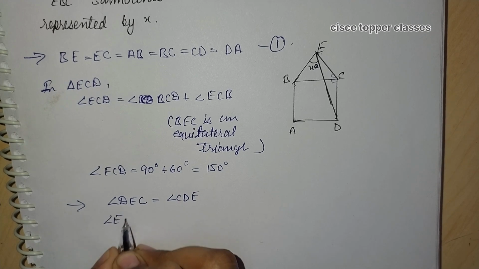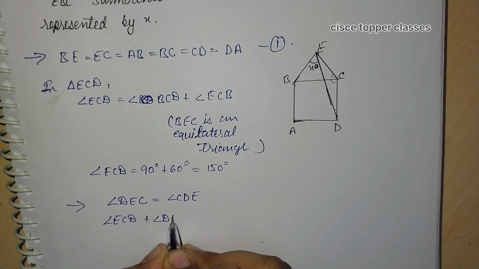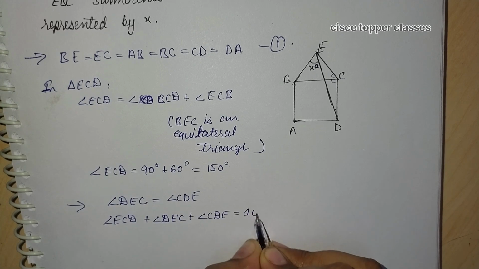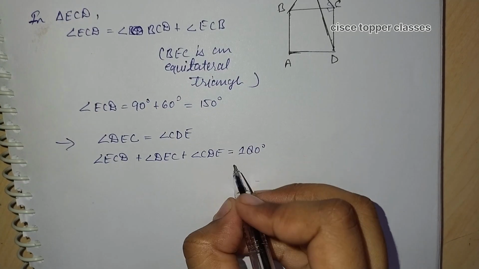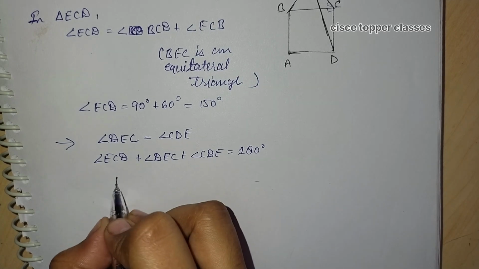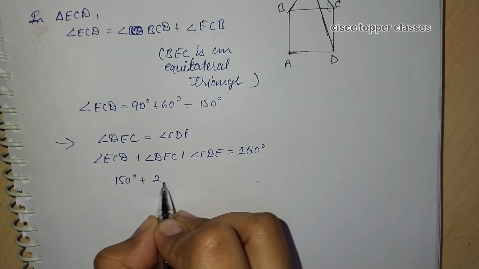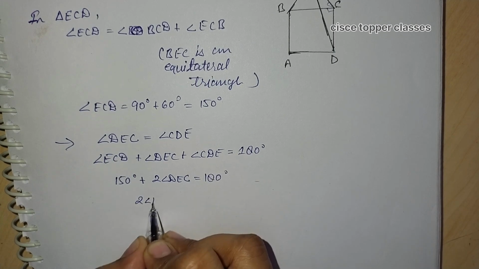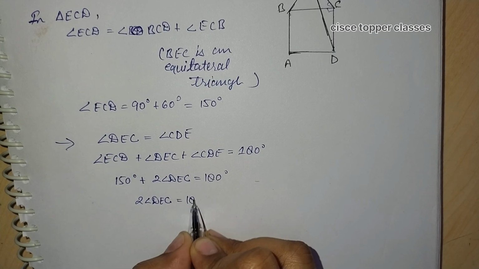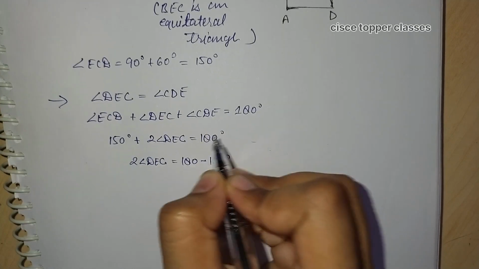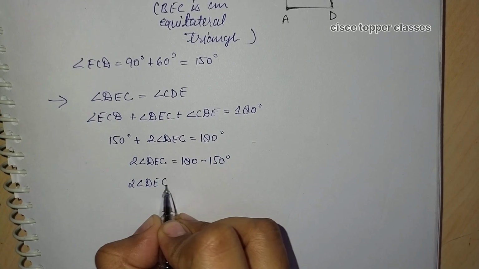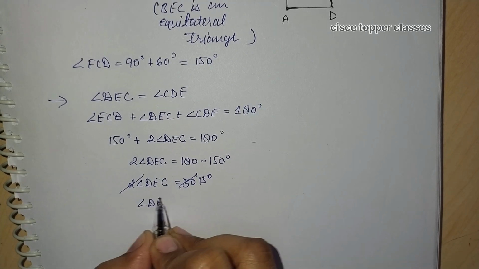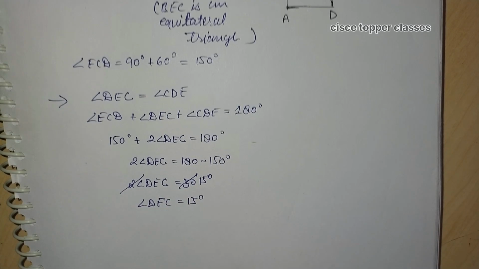We can write angle ECD plus angle DEC plus angle CDE is equal to 180 degrees, which is the sum of all the angles of the triangle. Now we can write it as 150 degrees plus 2 DEC equal to 180 degrees. This will be 2 angle DEC equal to 180 degrees minus 150 degrees. This will be 2 angle DEC equal to 30 degrees, and here it will be 15 degrees. Angle DEC, from here we can write as 15 degrees.